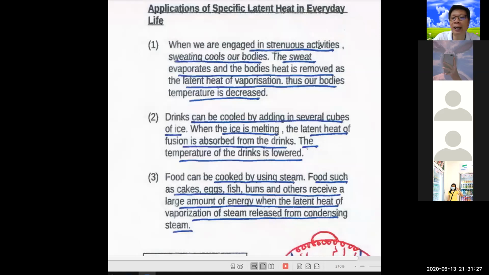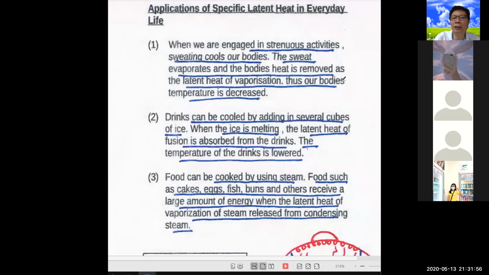The reason is the sweat evaporates. Evaporating means you need to absorb heat, latent heat of vaporization. You need to absorb heat, then only the sweat can evaporate. So the sweat evaporates and the body heat is removed as the latent heat of vaporization.